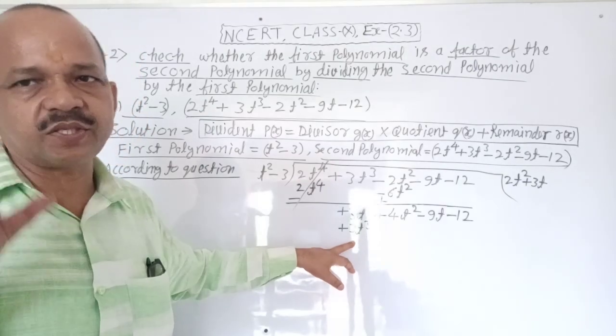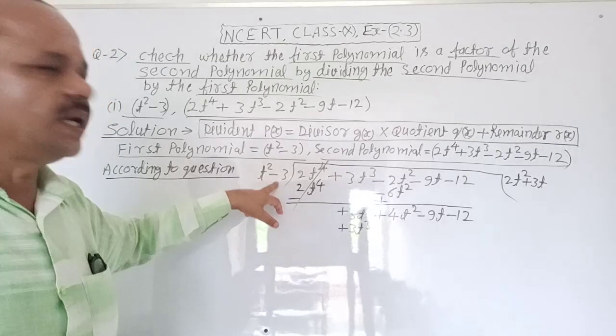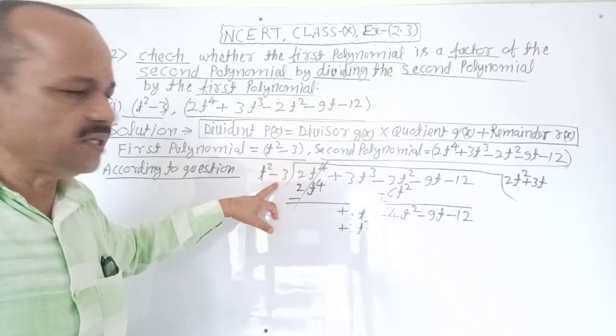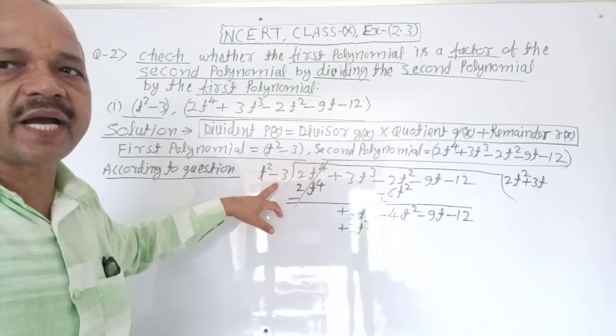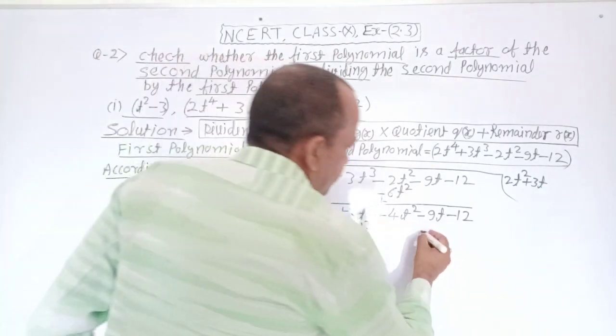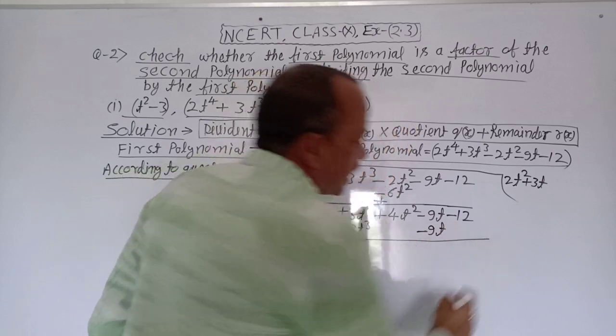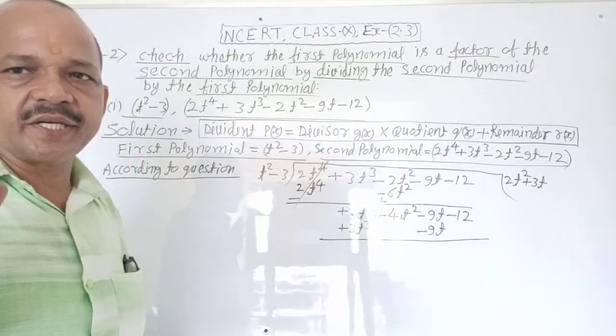It means your process is correct. Clear? Now you multiply 3t and minus 3. It becomes minus 9t. So you write here minus 9t.